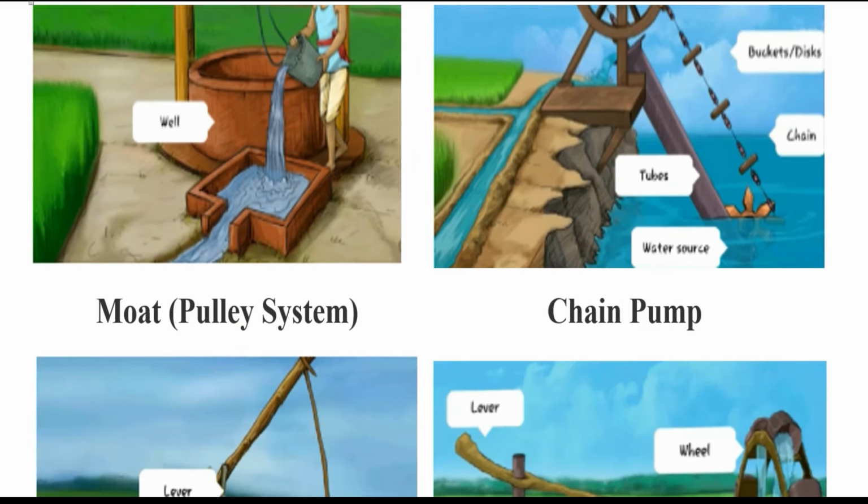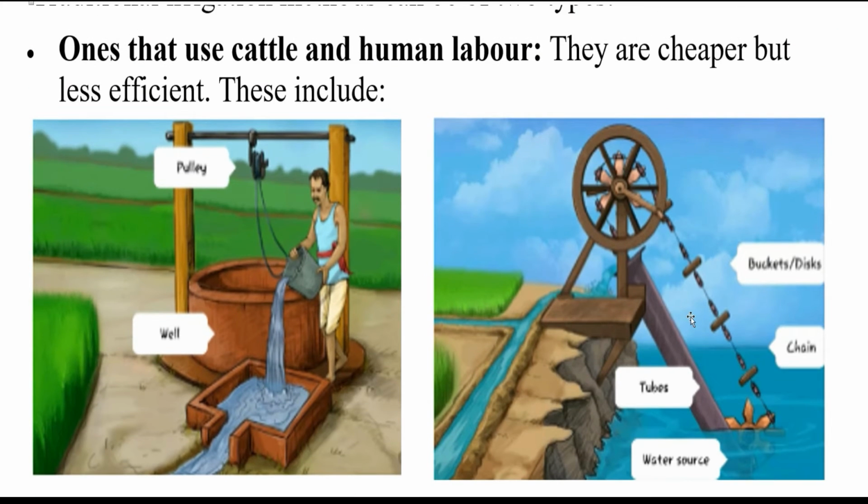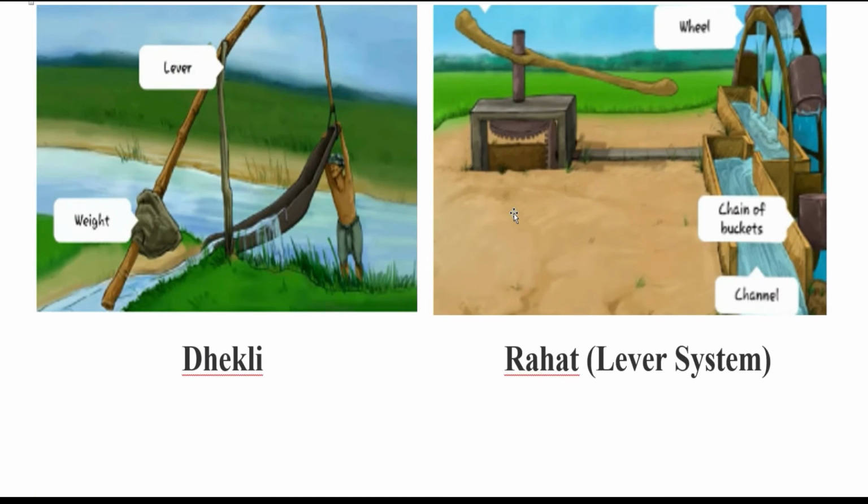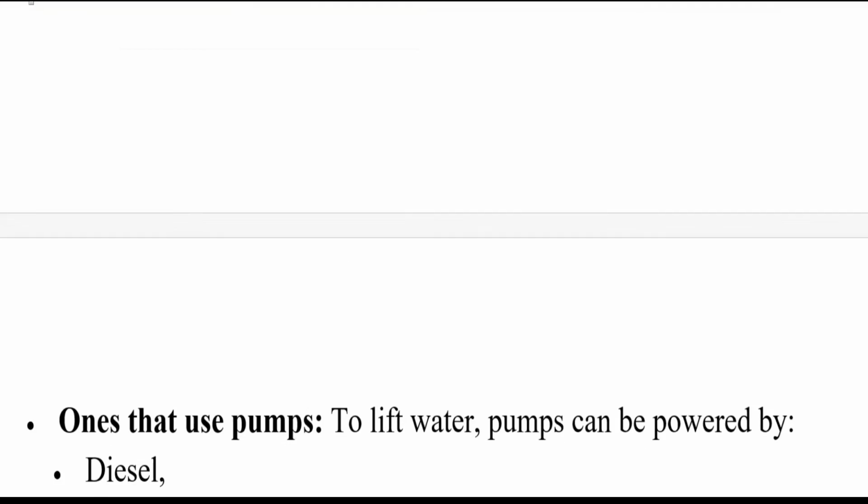The second one is the chain pump, which is also used to irrigate the crops. The third is the dhekli, and the next one, the rahat, the lever system. The pulley system and the lever system are used here.